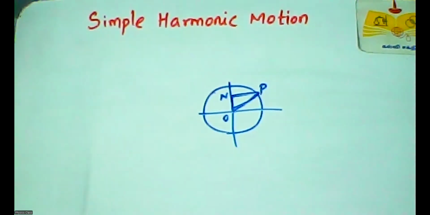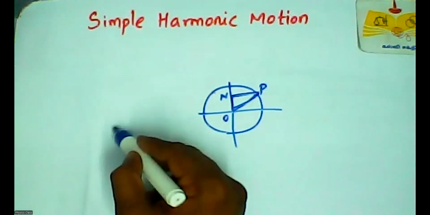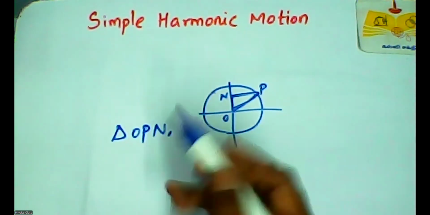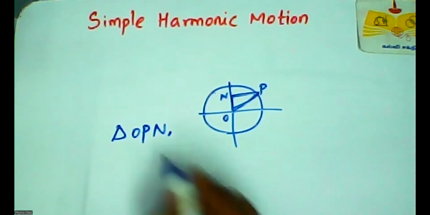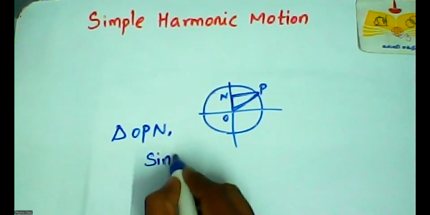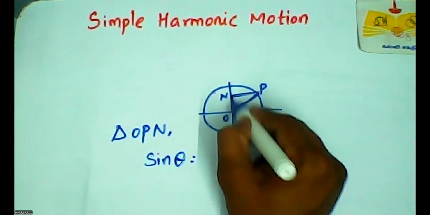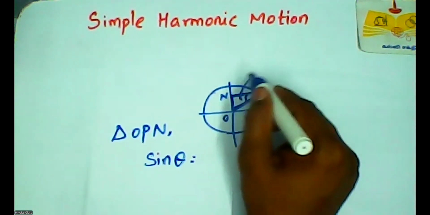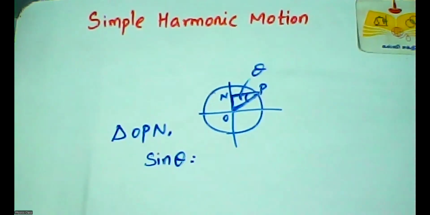Take triangle OPN. In that triangle, first of all, find sine theta. Here is theta. What is sine theta for that triangle?